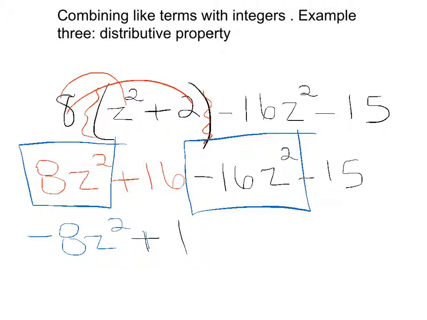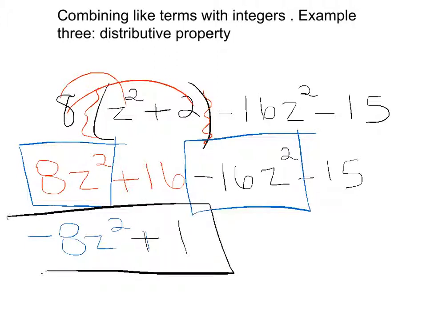I cannot combine anything else. So this is my final answer. Negative 8z squared plus 1.